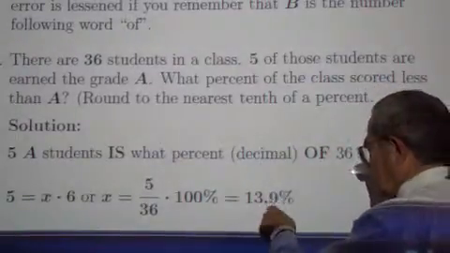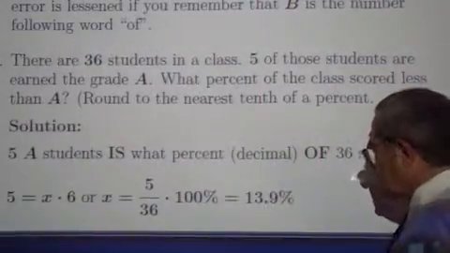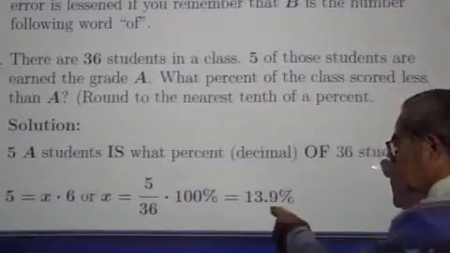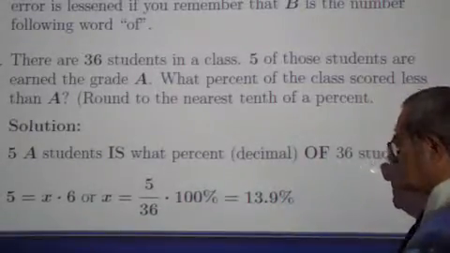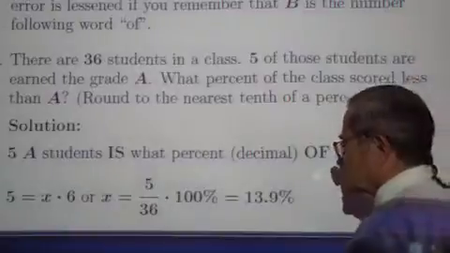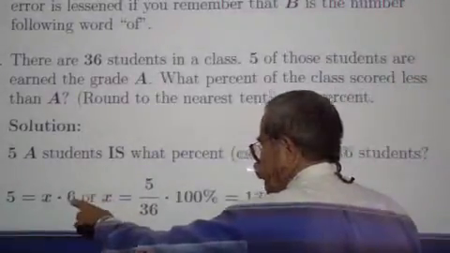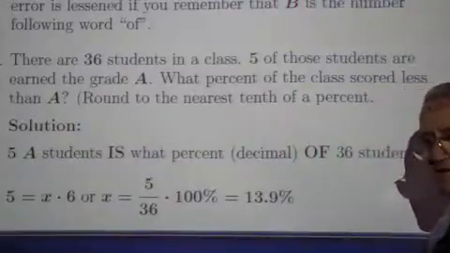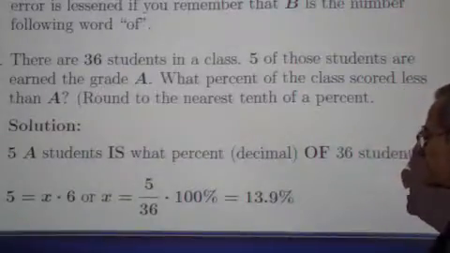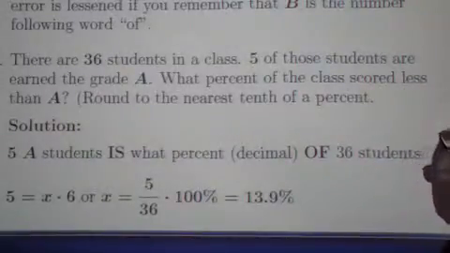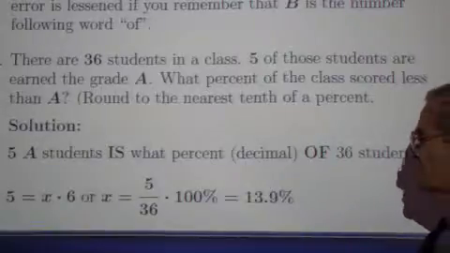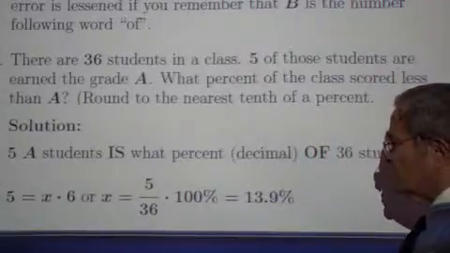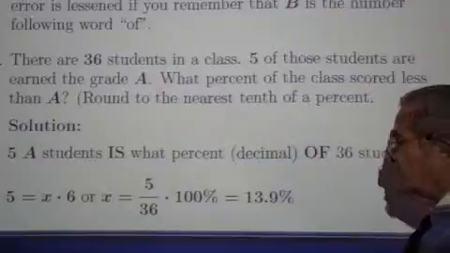And the 9 is probably a rounded number, so 13.9%. As I said, this is a misprint. That should be 36. Send me an email. Or when you write your homework and you turn it in, you can make a note.